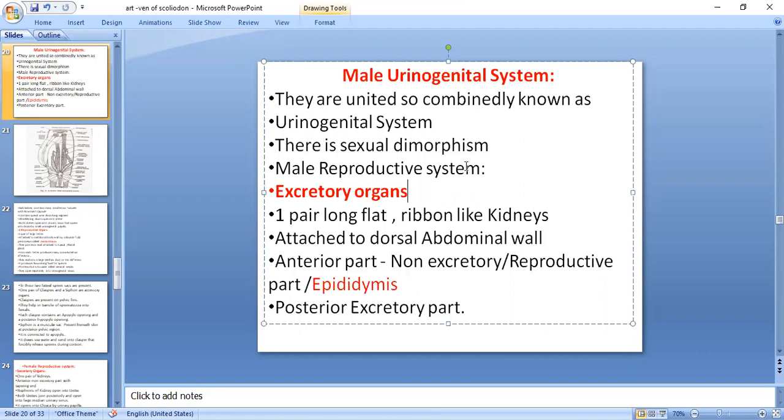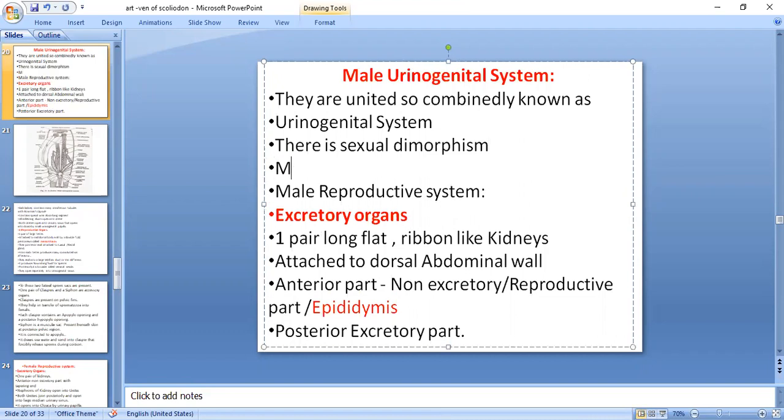So the male contains one pair of claspers, which are copulatory organs. With them, we can identify the male and female animals. Anyway, this is the male reproductive system or male urinogenital system.